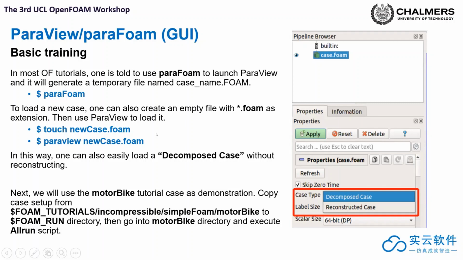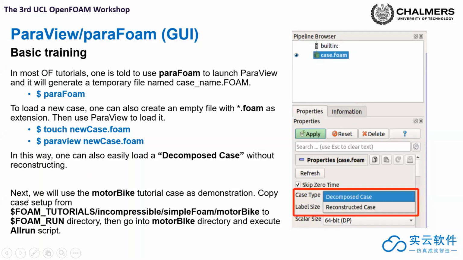If you check the tutorial files, in a lot of the Allrun scripts the last step is reconstructing the decomposed case. But reconstructing also takes time and computational effort. So instead, we can use this way to load the decomposed case without reconstructing.